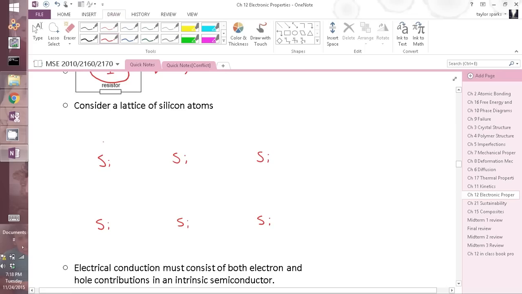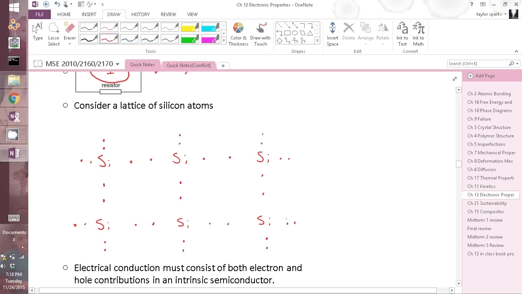So you have bonds, which are 2 atoms shared. These are single bonds. So these atoms are shared between these different silicon atoms. And by sharing, they're able to fill their octet and have 8 electrons each, which is what they would like to have. So all these silicon atoms, 8 electrons each. Finish filling this out.